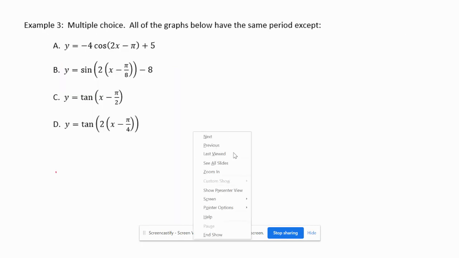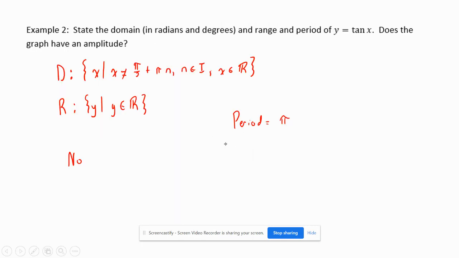So we know that there is not an amplitude. But the graph can be vertically stretched.